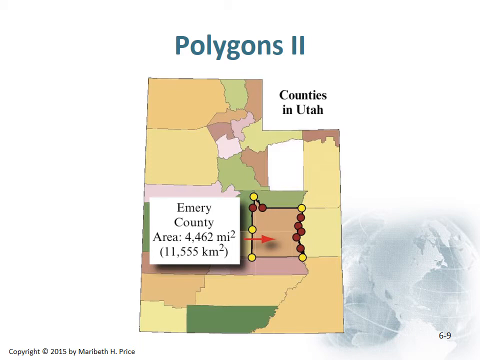Some of the things we might expect to find in a data table for the county: its name, the total area that it encompasses. We might expect to find population characteristics, things at the county level of measurement. So how many people are in the county, how many pieces of property are in the county, average income, average age, things like that. Any kind of demographic information, or any kind of environmental information that was collected or processed and analyzed at the county level could be in a table for the state and the individual counties.